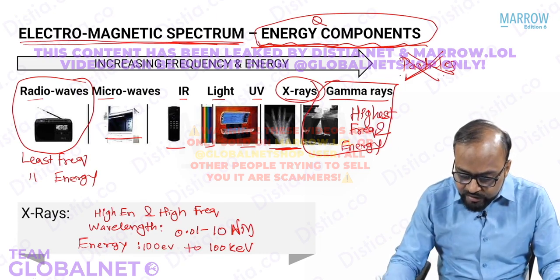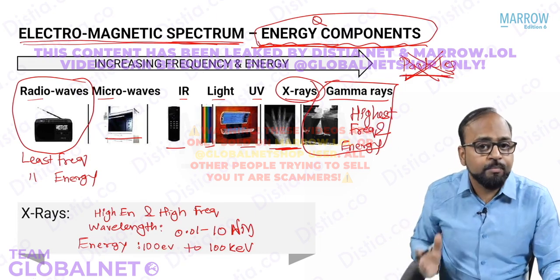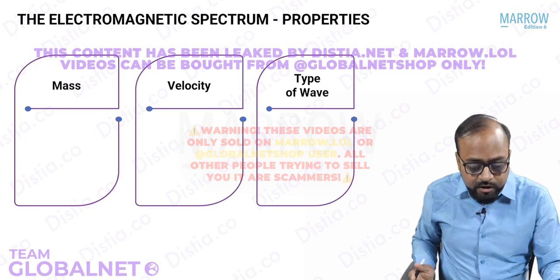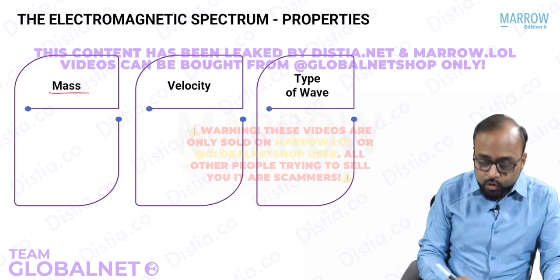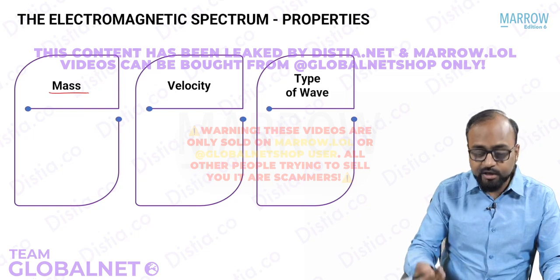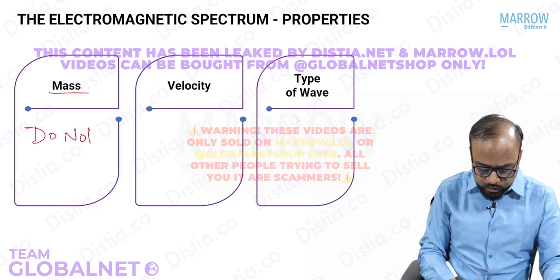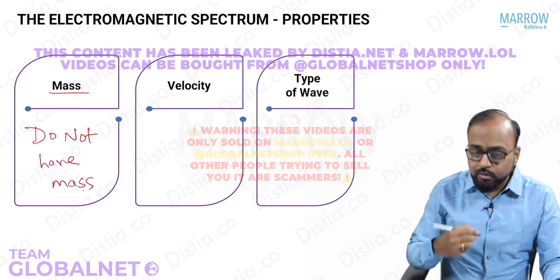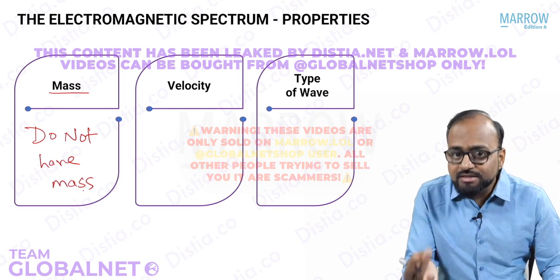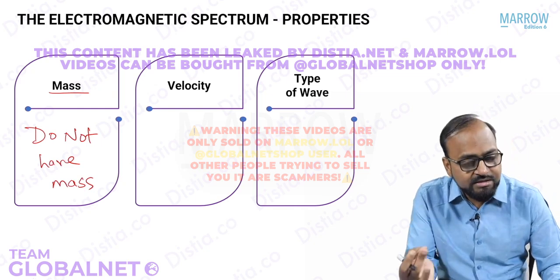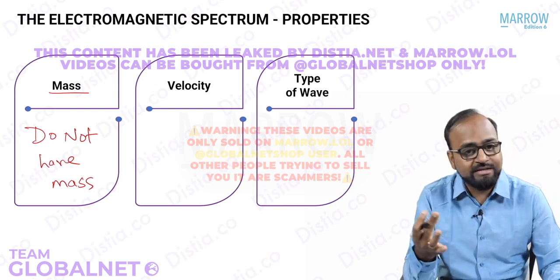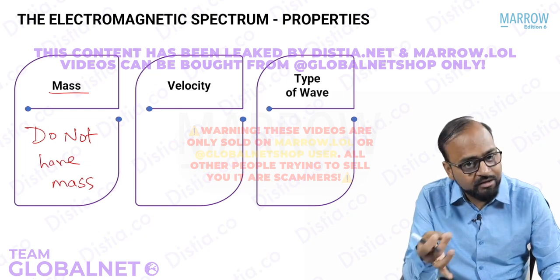And because particles are not a part of it, remember, mass is a property that electromagnetic spectrum components do not have. That is because particles have a mass, isn't it? An alpha particle, or an electron particle, which is a beta particle, has mass.